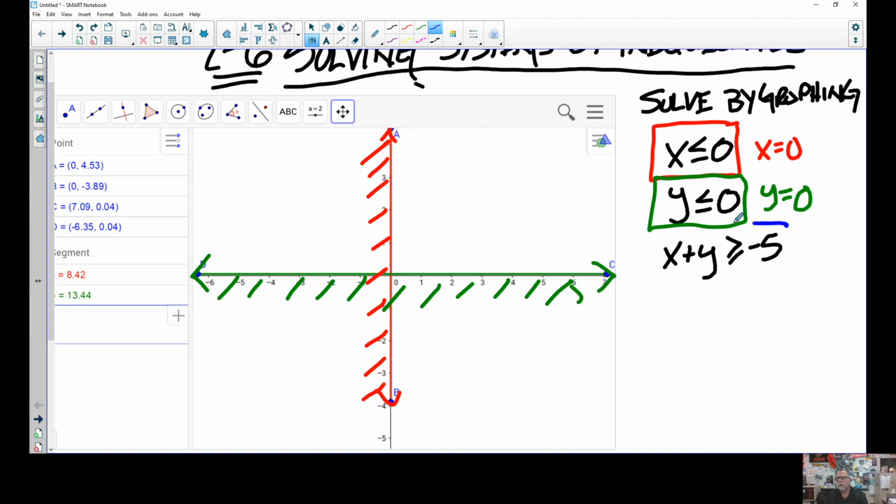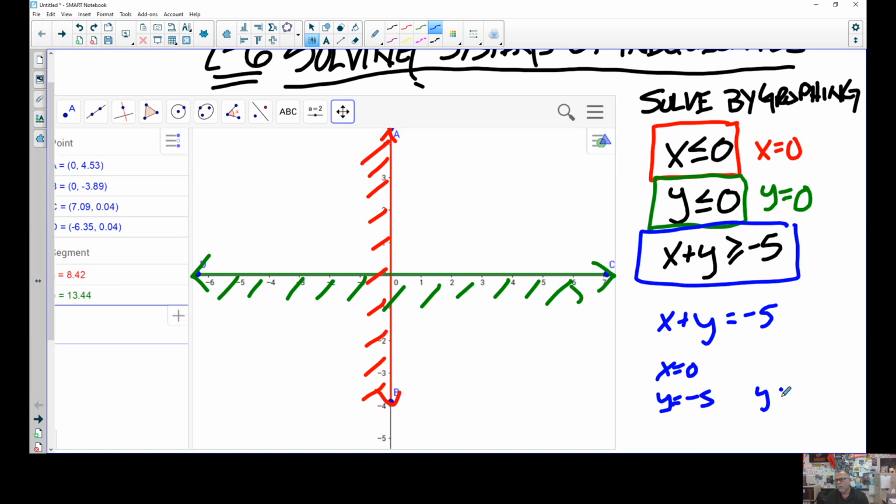All right, so we look at this one. And this is x plus y equals -5. The way I generally approach them is I look at if x equals 0, then y equals -5. And if y equals 0, x equals -5. You remember doing this, finding the intercepts?